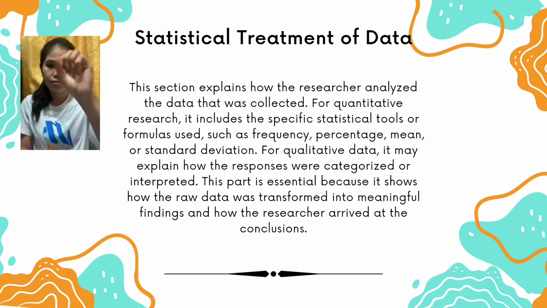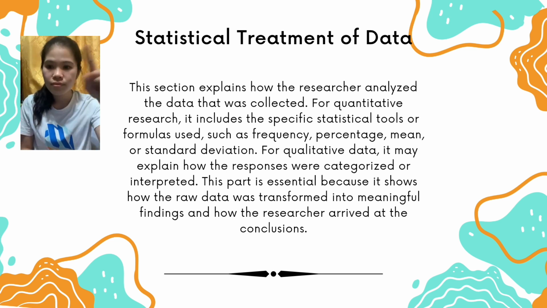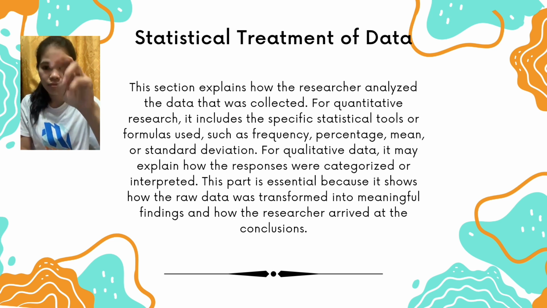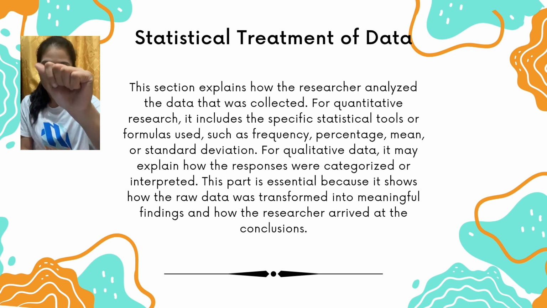Statistical treatment of the data. This section explains how the researcher analyzed the data that was collected. For quantitative research, it includes the specific statistical tools or formula used such as frequency, percentage, mean, or standard deviation.